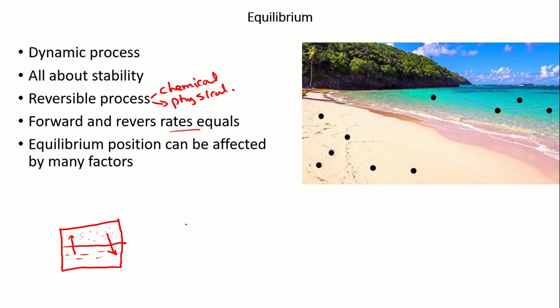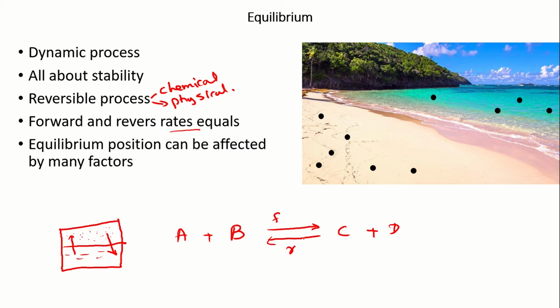If you think about a chemical reaction, let's say you have two reactants. The moment you mix the two reactants, the reaction will start and it will start making the products. And as these products are made, the products will break down to make the reactants. So you have the forward process and the reverse process.